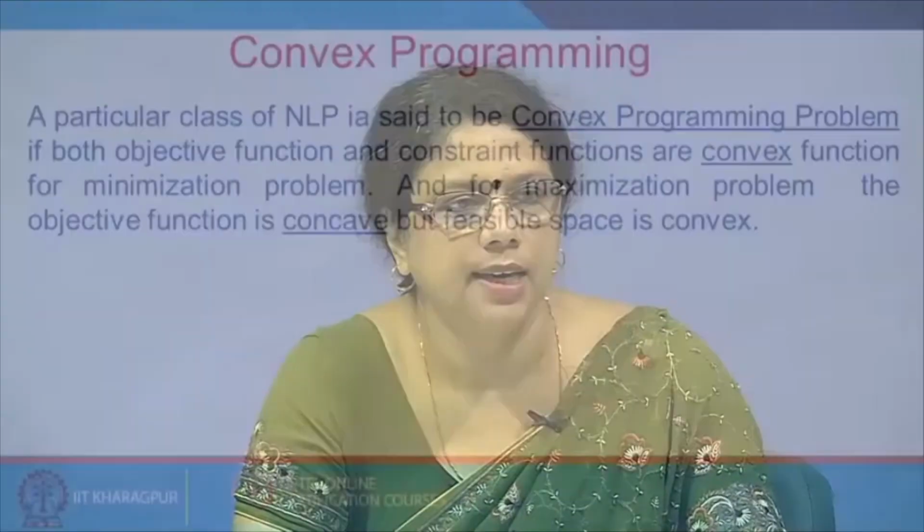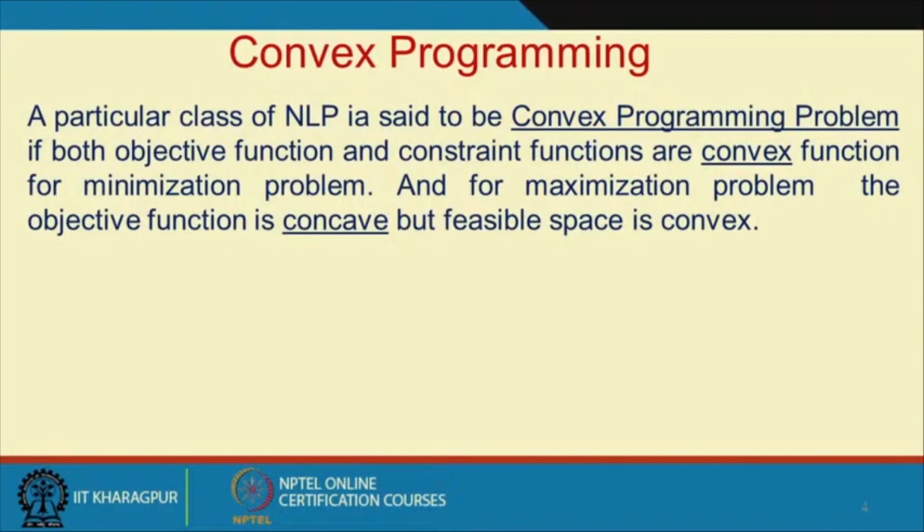If we consider a nonlinear programming problem of minimization type, if the feasible space is convex and the objective function is convex, then the corresponding optimization problem is a convex optimization problem. But for the maximization problem, the pattern of the objective function will be different.